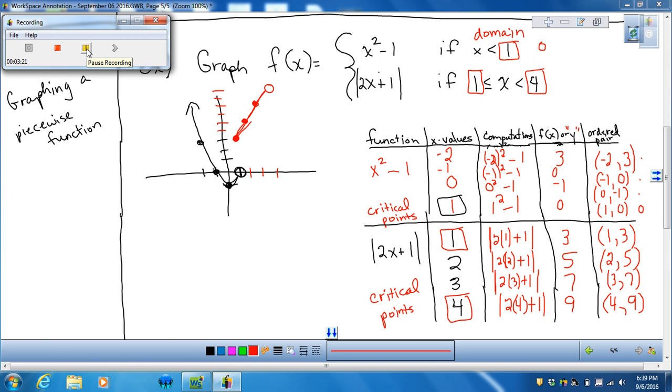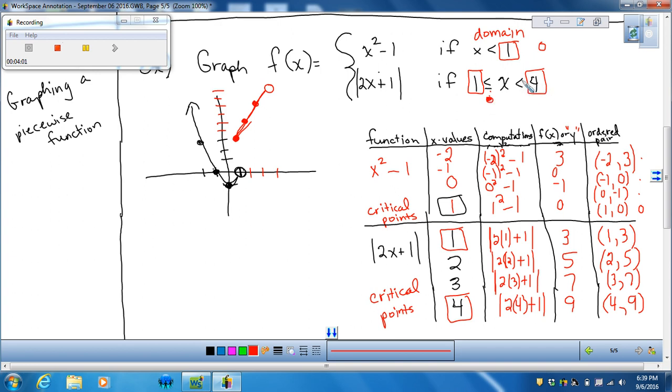Okay, looking at the second part of our table, we plugged in 1, so we ended up with a value of 3 for that. On our second one, we had 2, 5 as our value. On our third one, 3, 7 as our ordered pair, and 4, 9 as our last ordered pair. Now again, 1 and 4 were our critical points, so when we look at our domain, we can see that 1 is associated with less than or equal to, so that's going to be a closed circle, so it needs to be colored in.